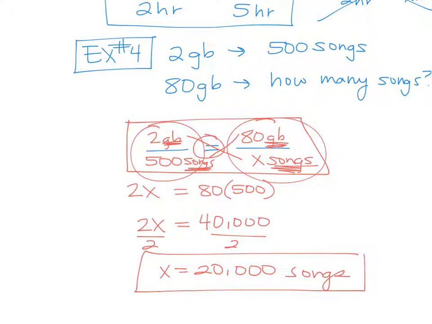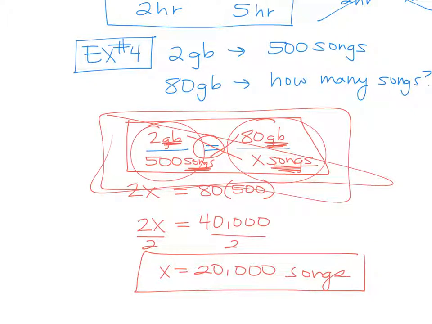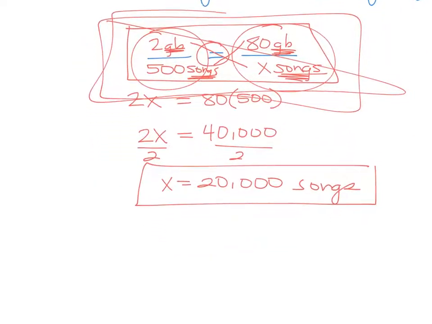That's when you go top to bottom, top to bottom, top to bottom for the same units. Does that make sense to you all? So a proportion like this needs to be gigabytes across from gigabytes, or inches across from inches, or miles across from miles. Okay, last problem, and then we're done.